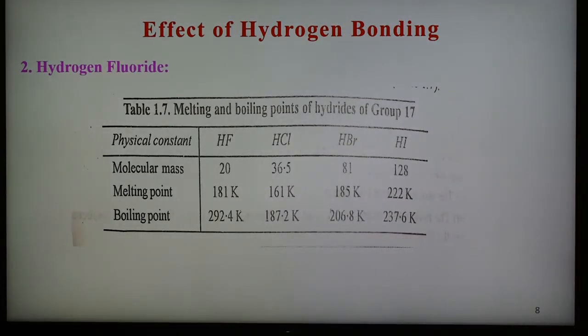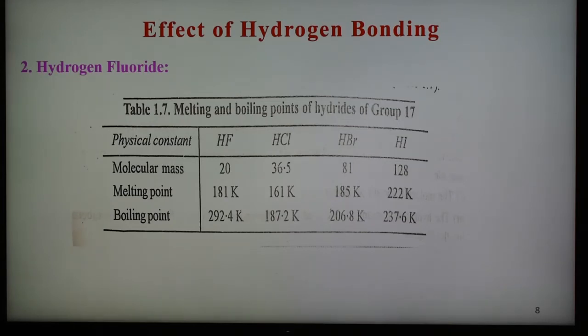Now, in the case of hydrogen fluoride, like water, it has the highest melting point and boiling point among the hydrides of this group. Hydrogen fluoride has the lowest molecular mass but still is a liquid and has the highest boiling point, which is shown.